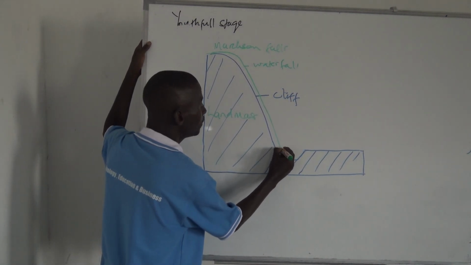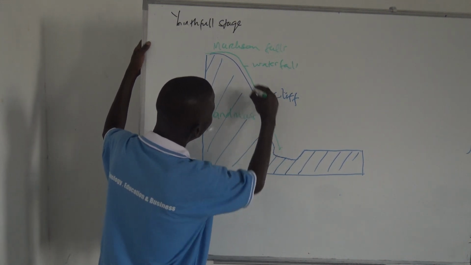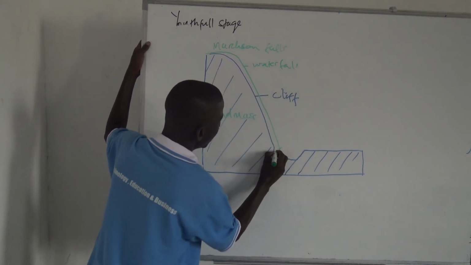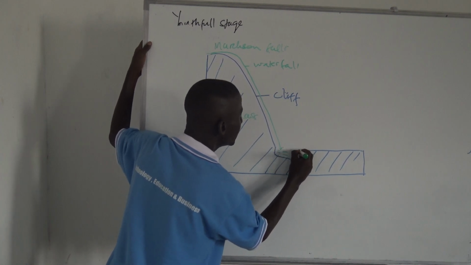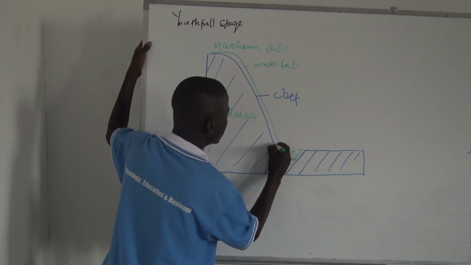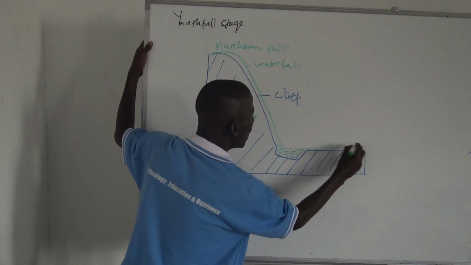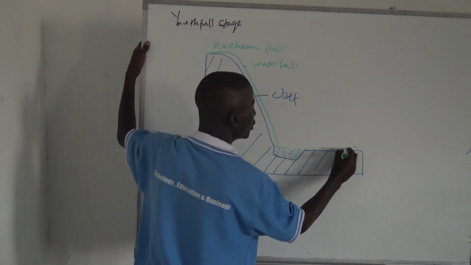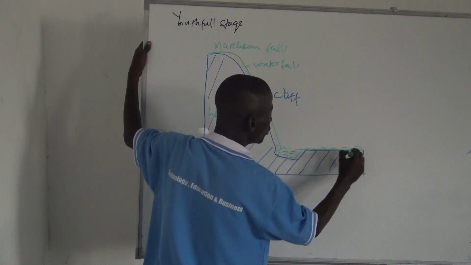This is water. Now, this water falls into a basin-like depression here before the water continues to flow.